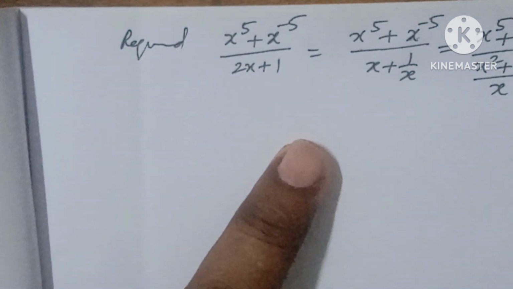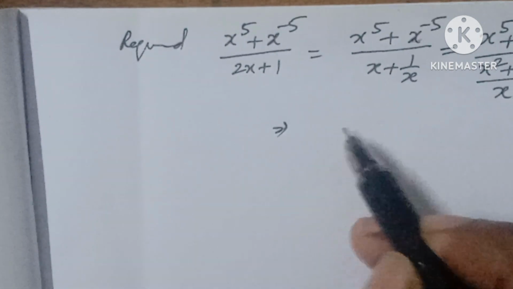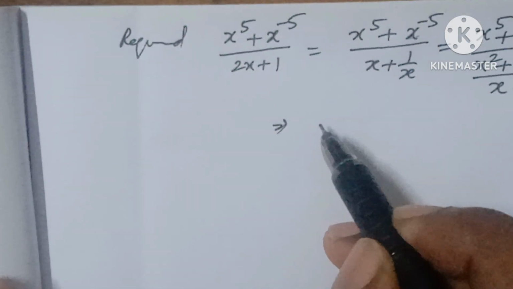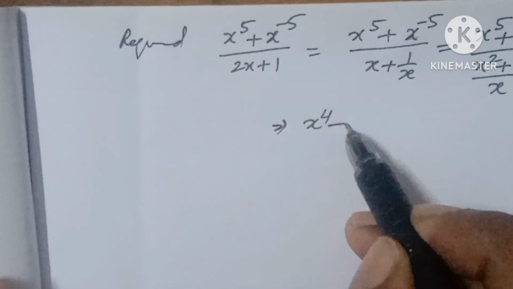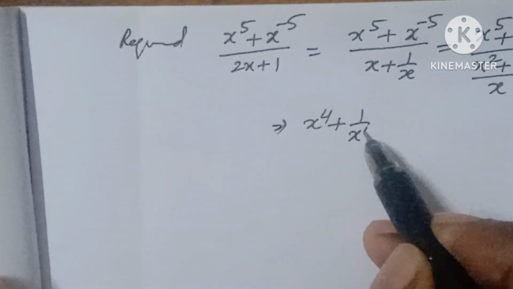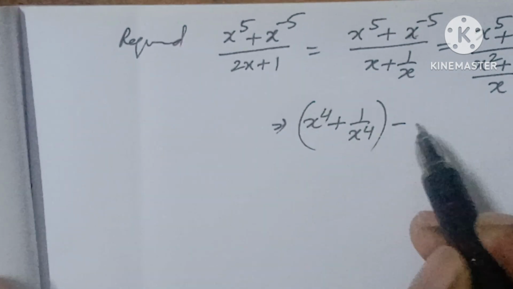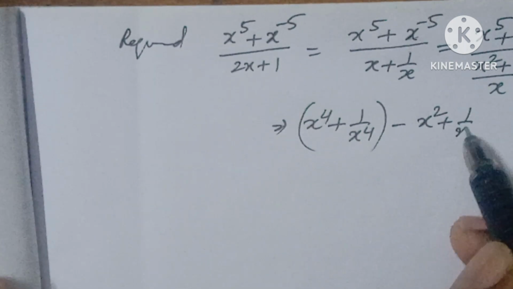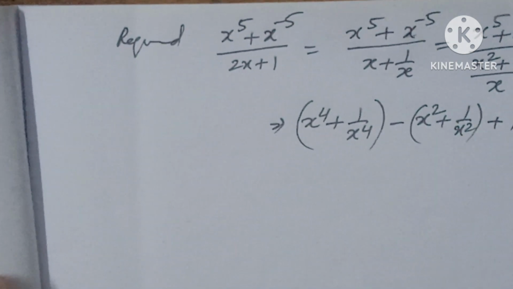So this can be written as x to the power of 4 plus 1 by x to the power of 4 minus (x square plus 1 by x square) plus 1 now.